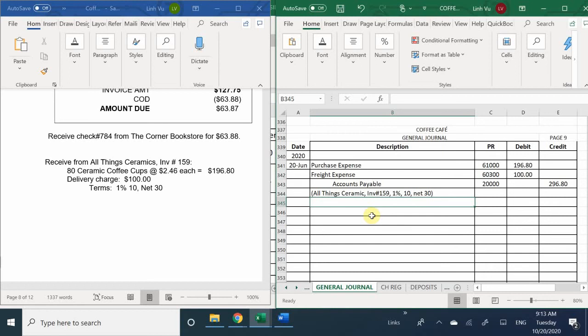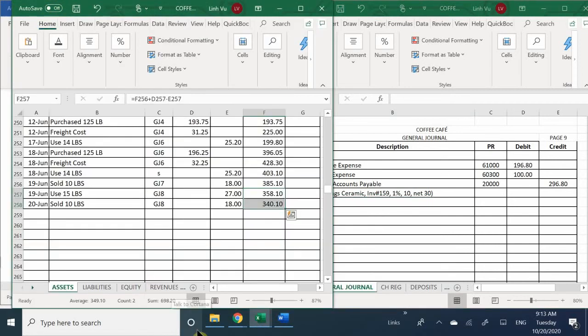All right. So what do we do next? We post to the ledger. Post the ledger. Ledger. Okay.